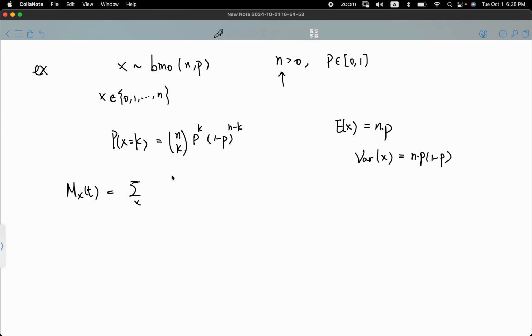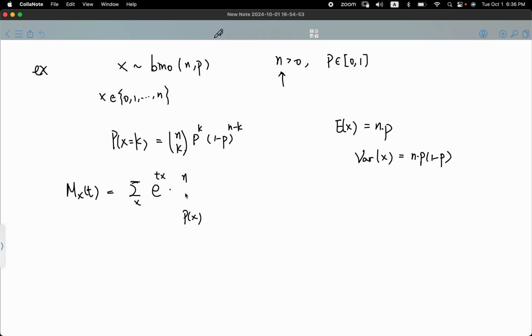No, I'm referring to the definition of the moment-generating function. e raised to the power of tx, right? Yeah. So the function g(x) is e raised to the power of tx, multiplied by p(x), which is the n choose k. Let me just consolidate the notation.